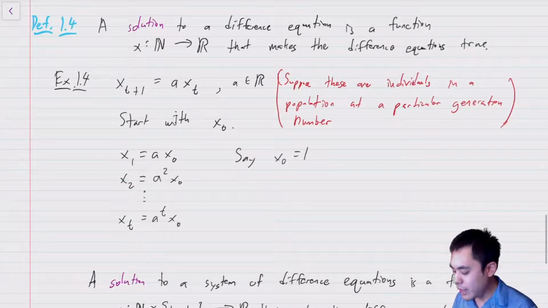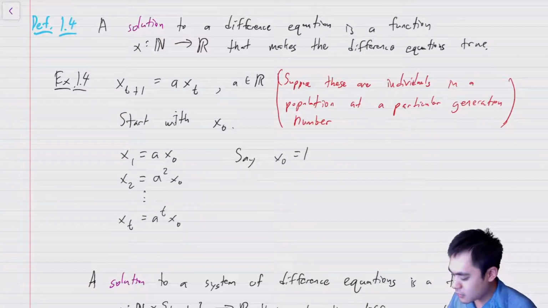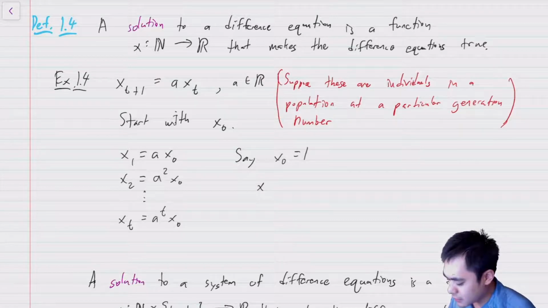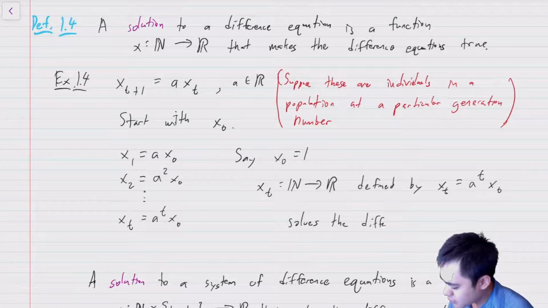Well, in that case, we have that a function x sub t, which goes from the natural numbers to R, defined by x sub t is equal to a to the t times x naught, solves the difference equation x sub t plus 1 is equal to a x sub t.